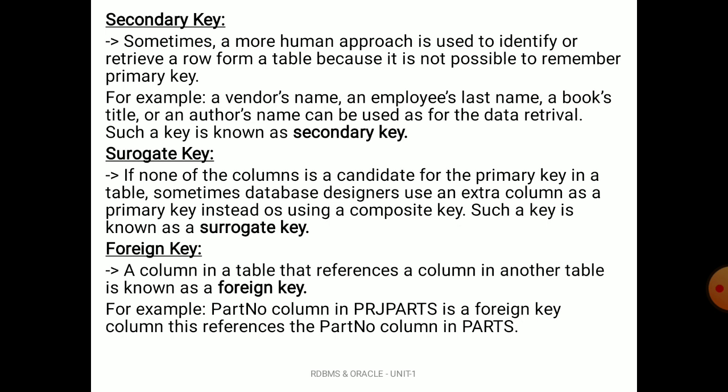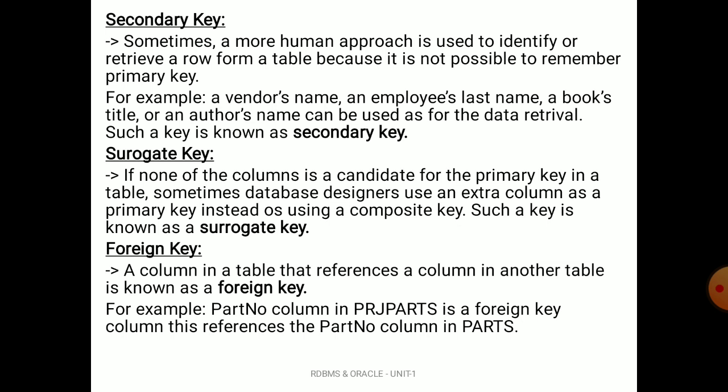Then last one, foreign key. One of the important key concepts in database management system, because you want to interact from one entity to another entity, one table to another table. So the concept of the foreign key is an important thing. A foreign key is a column in a table that references a column in another table.